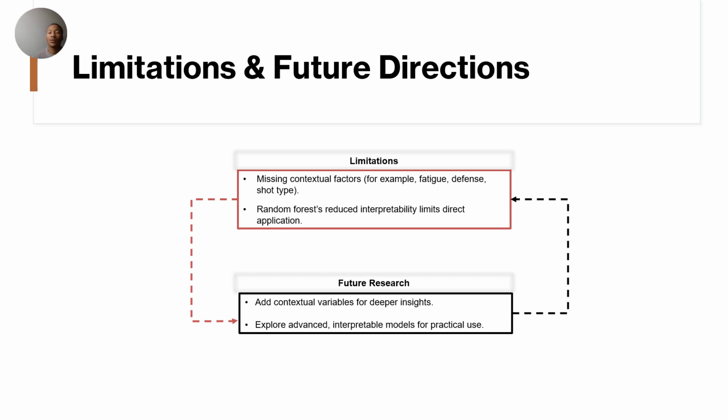And also exploring advanced models that balance predictive power with interpretability, making them more useful for the coaches, analysts, and the players. Once you address the limitations and follow these directions, you'll be able to further enhance the practical implications of this analysis, which ultimately provides deeper and more actionable insights for basketball strategy.